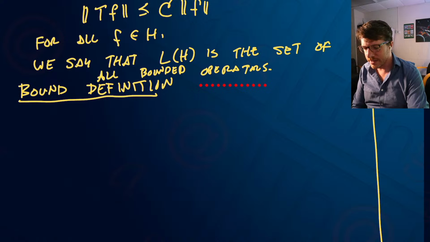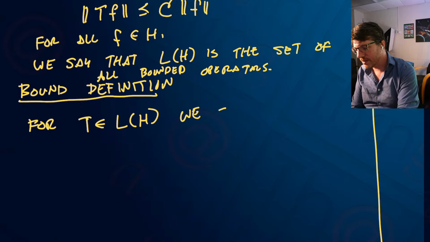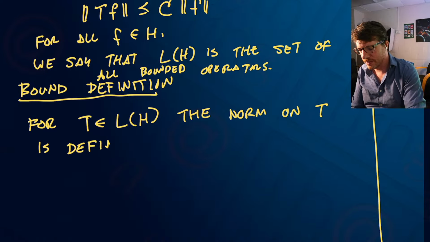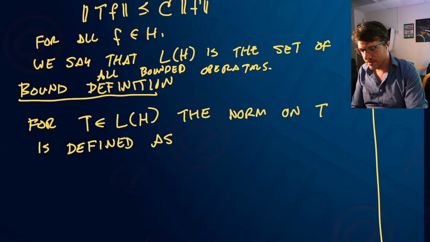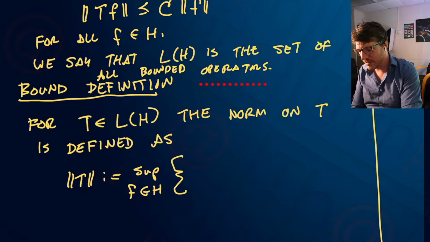But we define a norm on T. So for T inside of the collection of bounded operators, we say the norm of T is defined as this: the norm of T is equal to the supremum over all f in H of the norm of Tf divided by the norm of f.